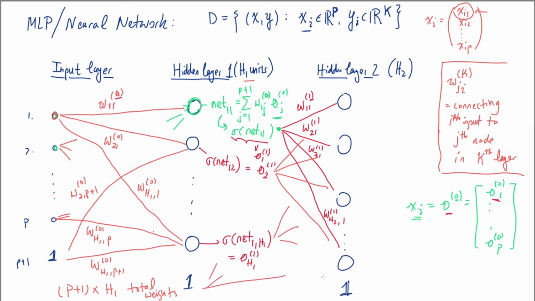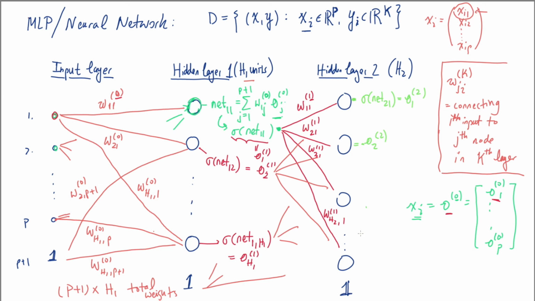Then we start all over again. This one computes sigma of net 2,1, and we'll call that output O_2^1. This computes O_2^2, and so on and so forth.